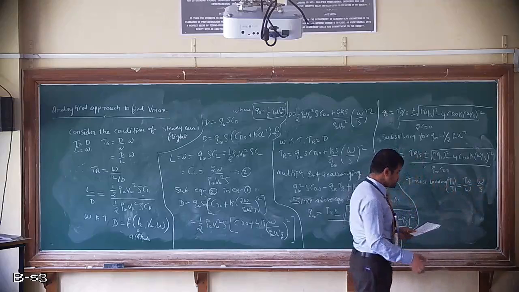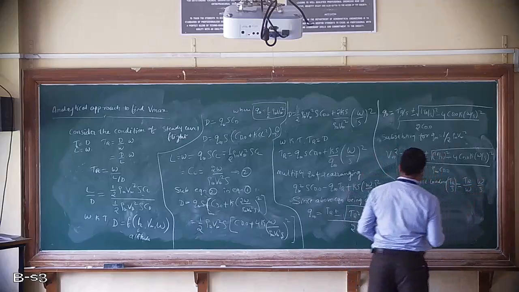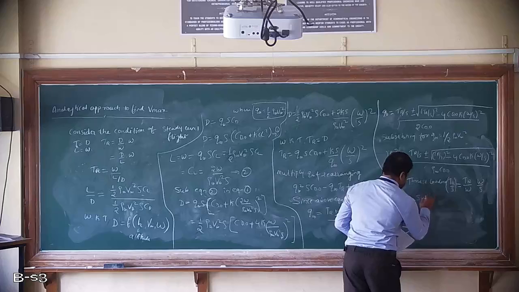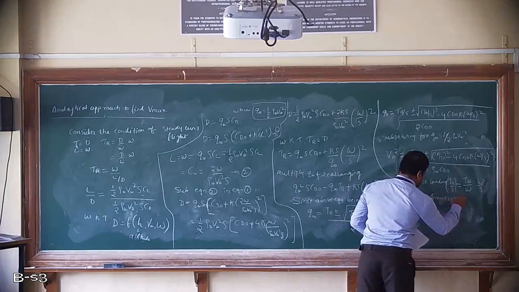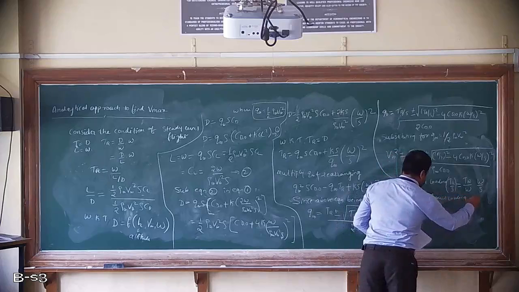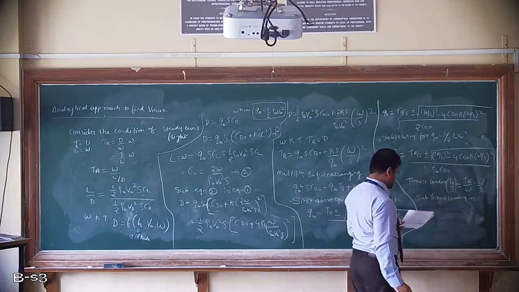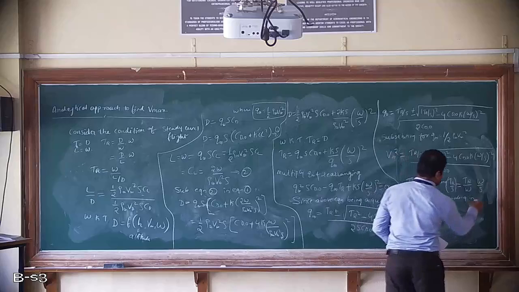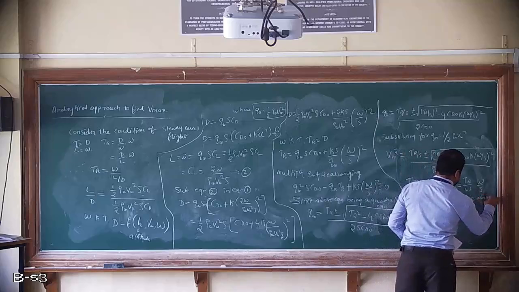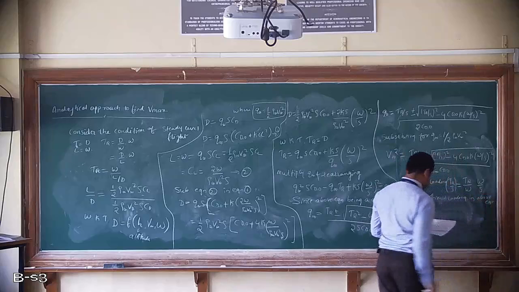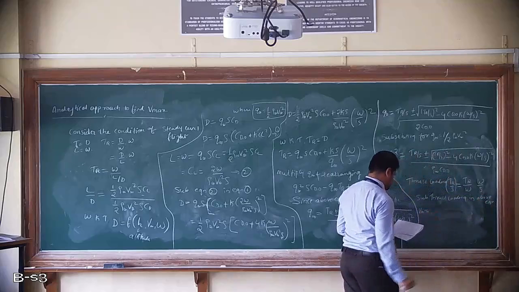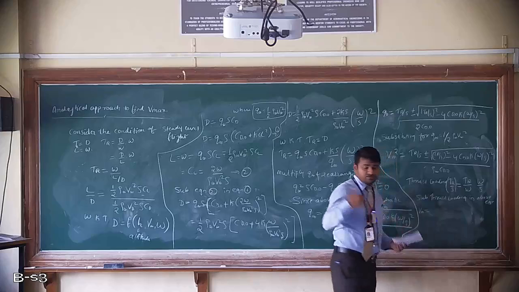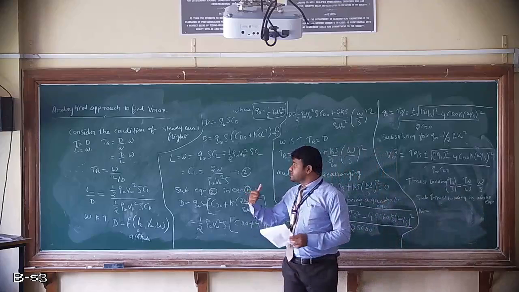Now substitute this thrust loading in the above equation, then we will get the answer for V infinity, the final one we have seen in the previous class, the main equation.